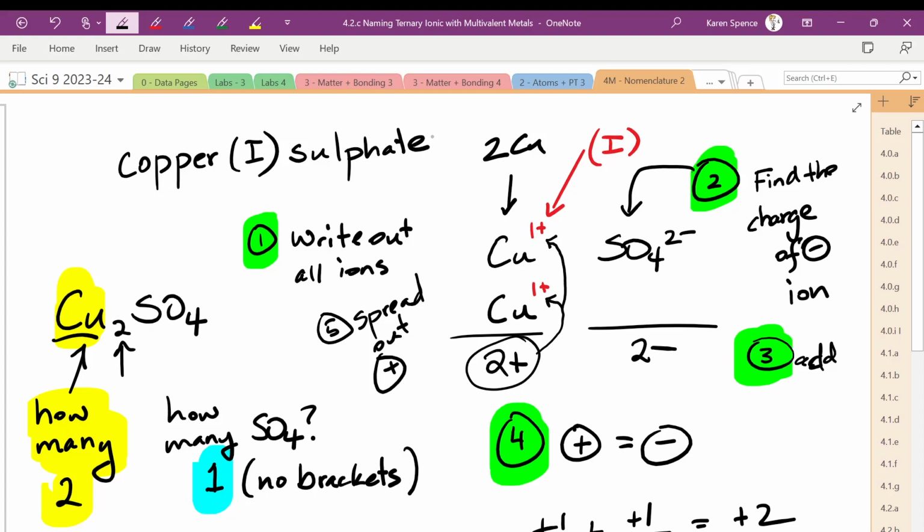The deal with quiz 3 is that if you have a metal plus non-metal, that is ionic, no prefixes. If you have non-metal plus non-metal, that is covalent. Yes, prefixes.